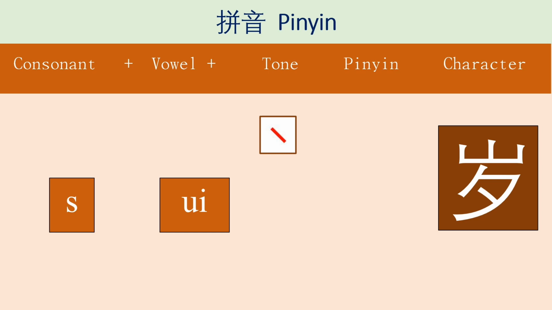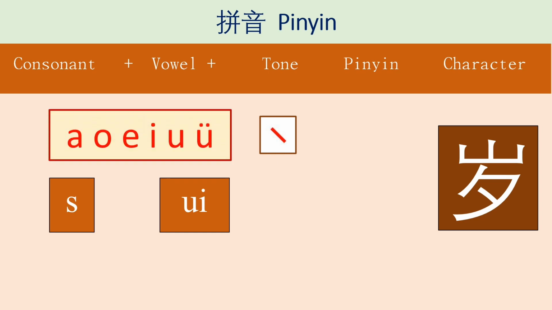Let's look at this rule. You must know the sequence of the single vowels in pinyin. It starts from A, O, E, I, U, and Ü with dots on top. So the sequence should be in this way.